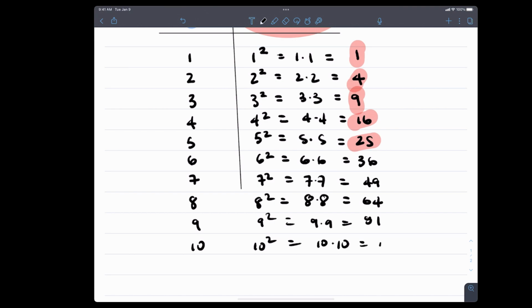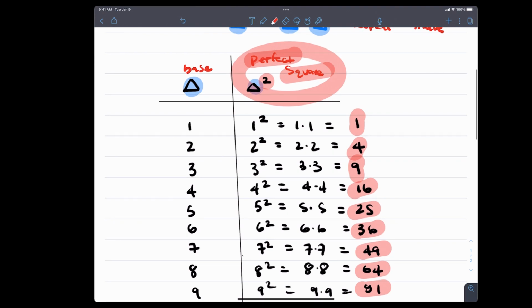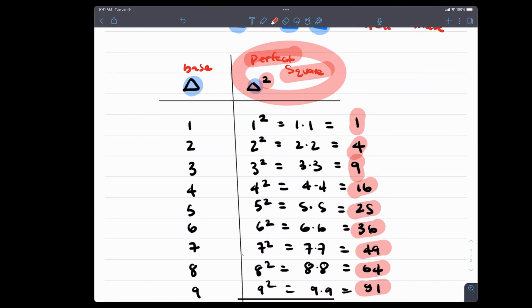And what's 10 times 10? Is that 100? So what do you guys know about this? 36, 49, 64, 81, and 100. We call these numbers perfect squares. Are you guys okay with that? Is that easy?